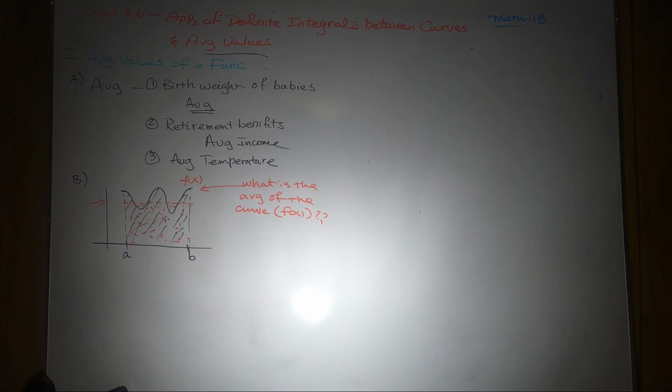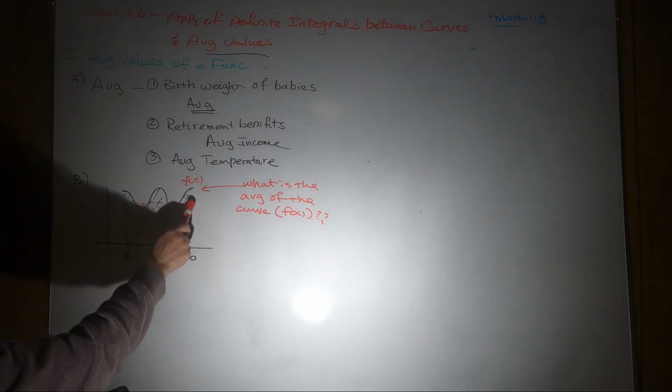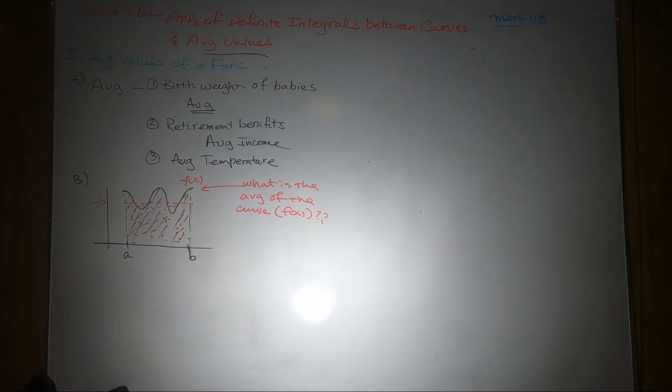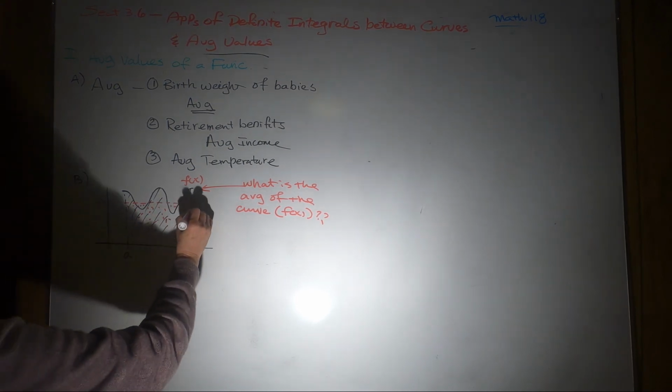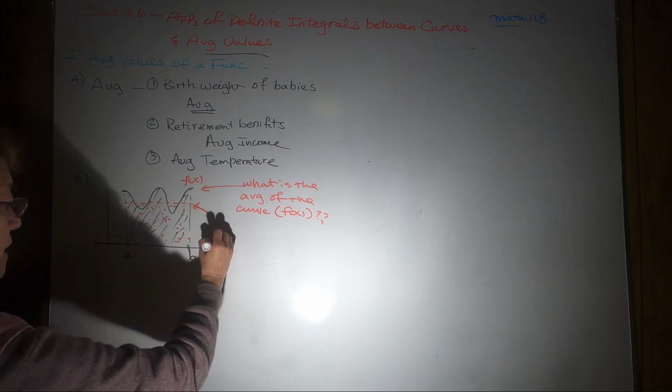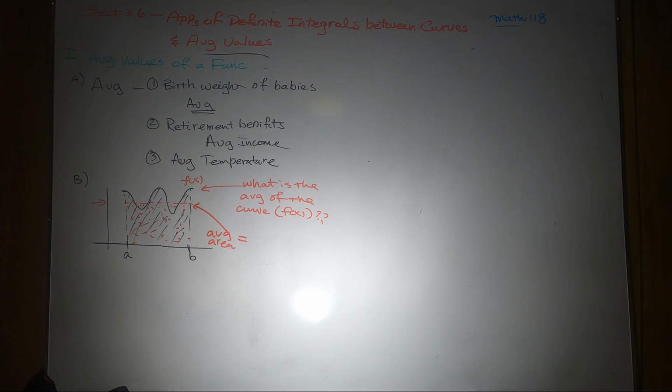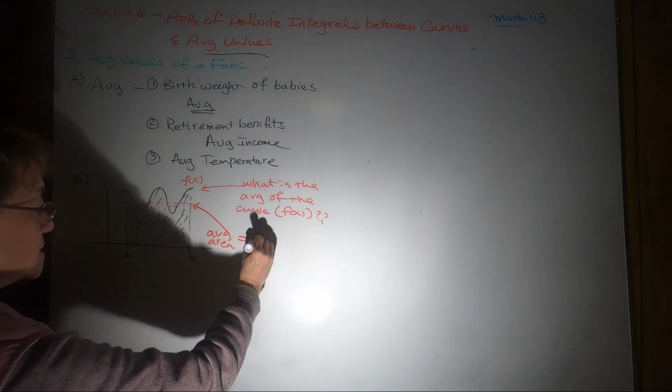Should it be the same? Of course, because this red line is the average of the black curve, right? They should be the same. Okay, so for the average, the area would be what? Base times height.